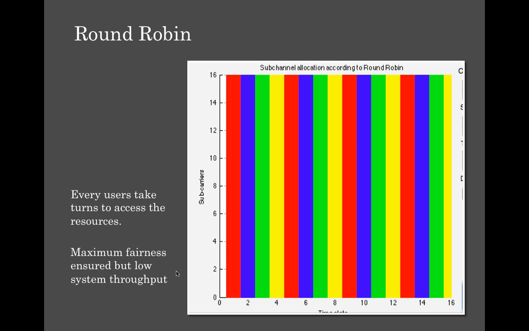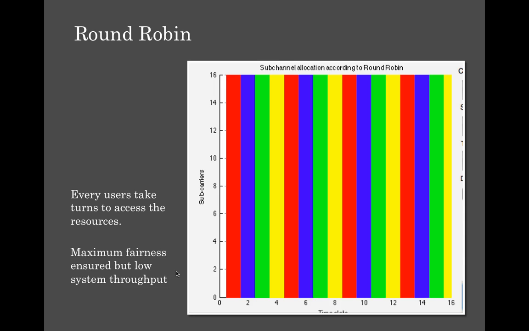In slot 1, the red user gets the whole resource. In slot 2, the blue user gets the whole slot, and so on and so forth. This ensures maximum fairness. However, it leads to a very low throughput of the system.